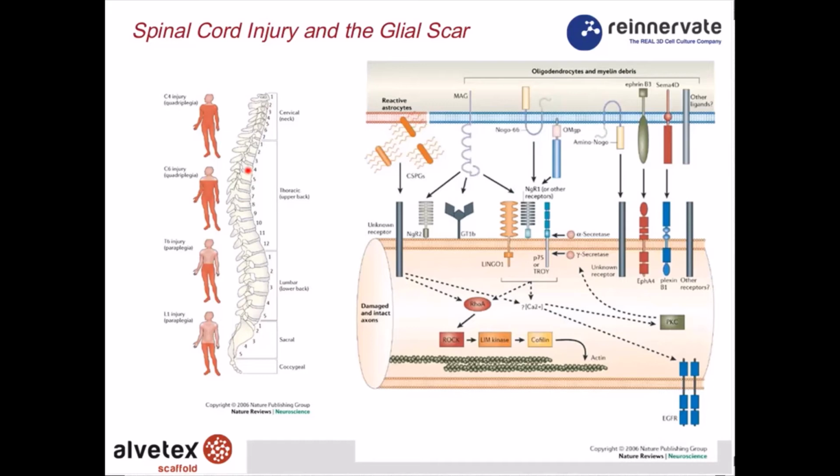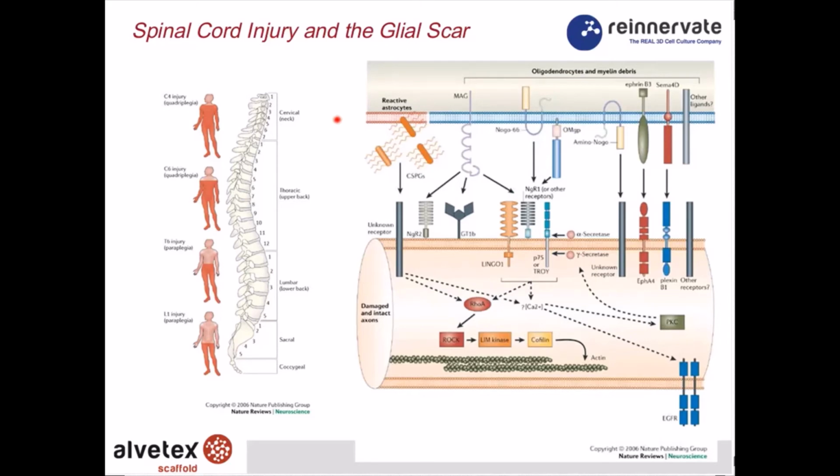So a compression injury, for example, will activate astrocytes, oligodendrocytes and so forth, to produce on their surface these types of inhibitory molecule. And these inhibitory molecules suppress neurite outgrowth. So we're particularly interested in CSPGs here and their role in suppression of human neurite development.